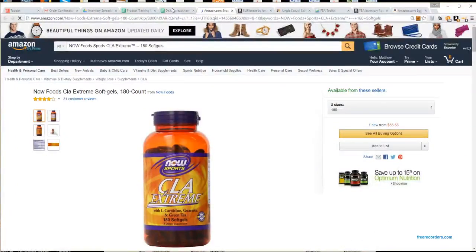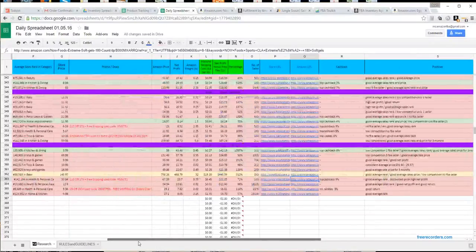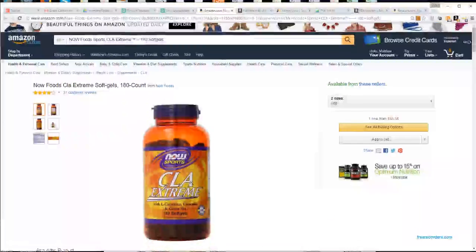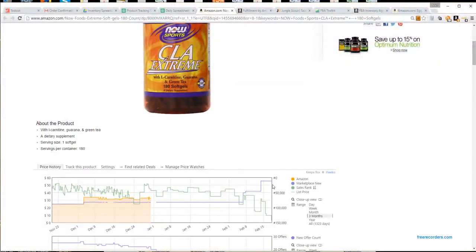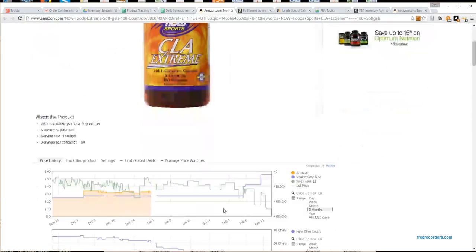Now, this one, our purchase price was $30.84. You see here, in the last 3 months, the price has gone up to 55.42. This is our real price here, 24.99. Well, Amazon's 27.49.